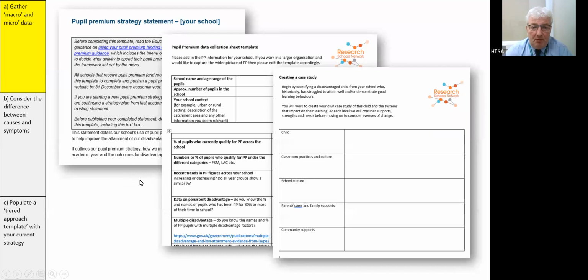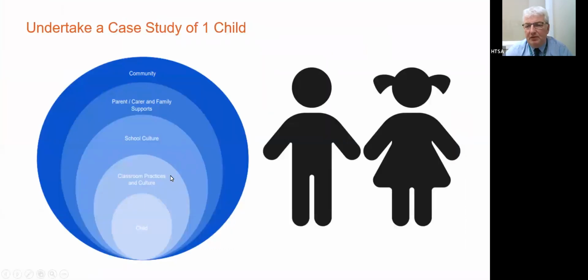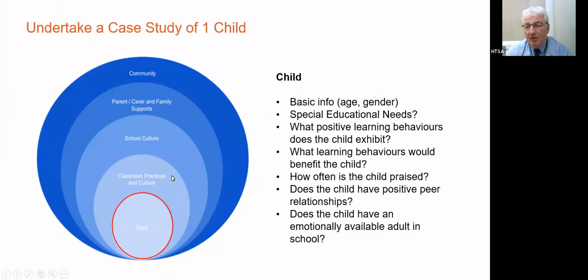So building up this picture of a child, looking at their basic information, and some of this may be easier in a primary context where you may well be just talking to a smaller number of adults, rather than in a secondary school where you might have to consult across a number of departments.